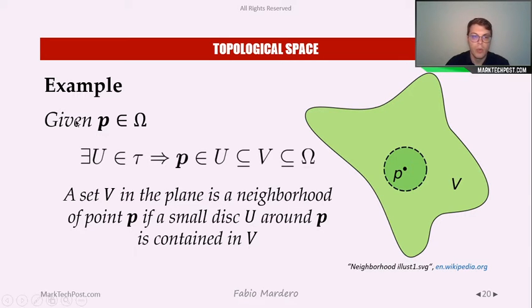That's not a problem. We can find U here, this circle, in which P stays inside, and also U lies inside V. So a set V in the plane is a neighborhood of the point P, because we can find a small disk U around P that contains P, and also the small disk U is contained in V.